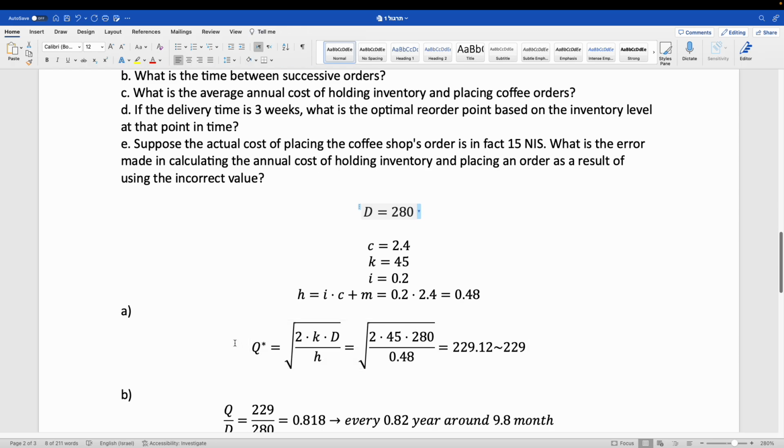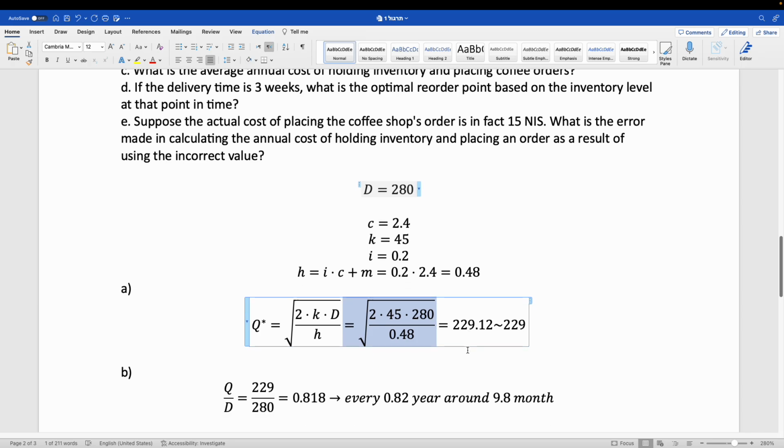We remember that the formula is Q optimal equals the square root of 2 multiplied by K multiplied by D divided by H, and we get the actual answer, which is around 229.12. I'll round it down a little bit, so it's 229.